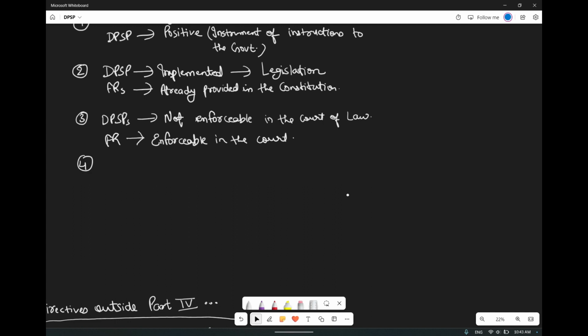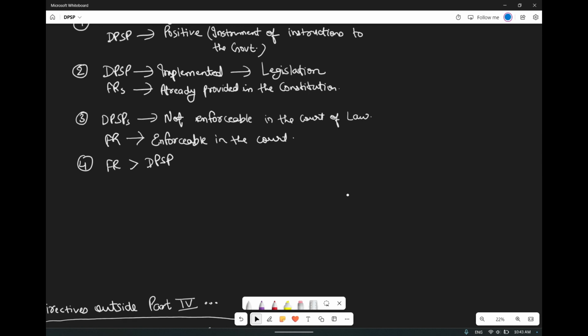Now in case of any conflict between fundamental rights and directive principles, the former should prevail in the court. It means fundamental right always has higher priority than the DPSP. Let us suppose there is a law implemented under DPSP and that law is violating your fundamental right.